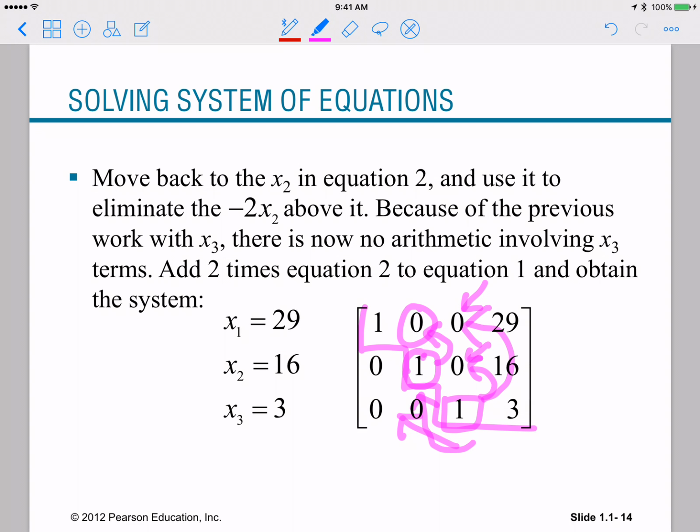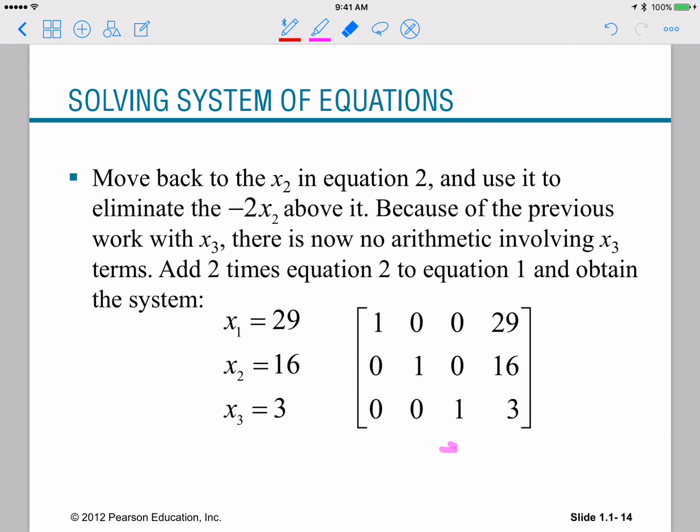Okay, then after doing this in this matrix representation, let's change them into an equation form.